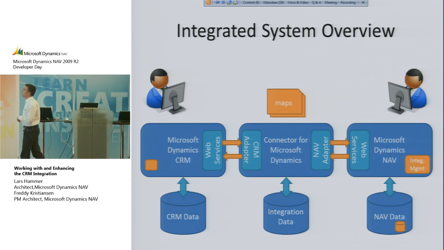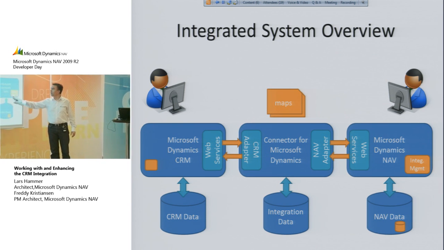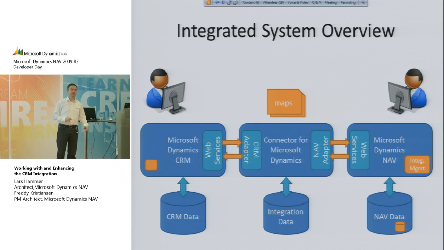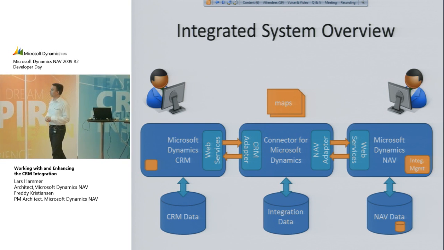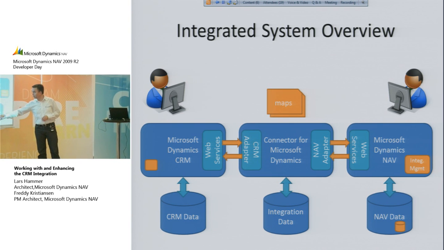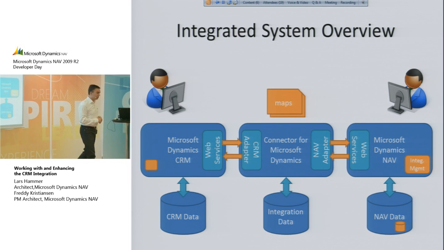Then on the NAV side, we have added what we call integration management. It's a set of objects inside of NAV that deal with the whole integration aspect. We also have added a couple of tables, actually only 2, in the database.